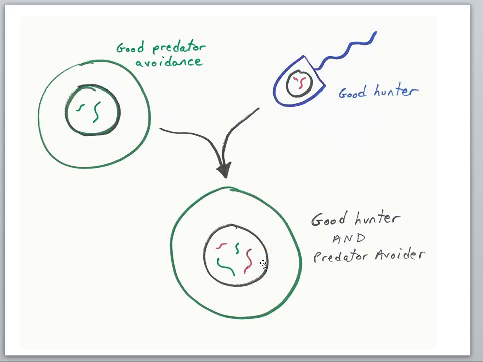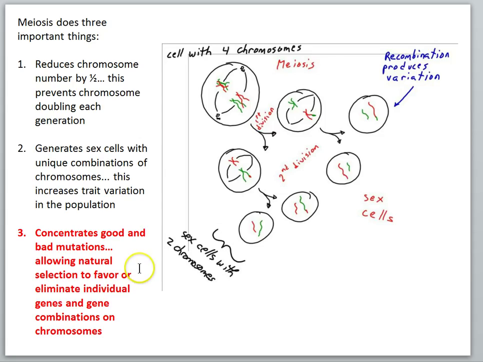And in addition, the process of meiosis in the production of sex cells for the next generation can be fixing chromosomes, and it can be concentrating good mutations. So here we see the third important thing that meiosis does. It concentrates good and bad mutations, allowing natural selection to favor or eliminate individual genes and gene combinations on chromosomes.